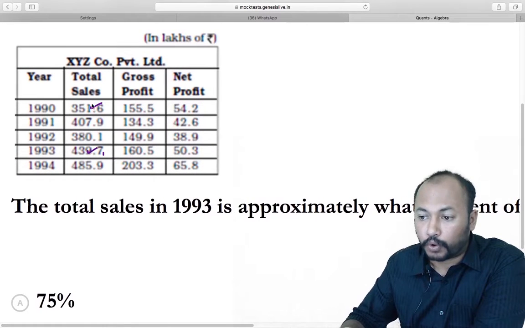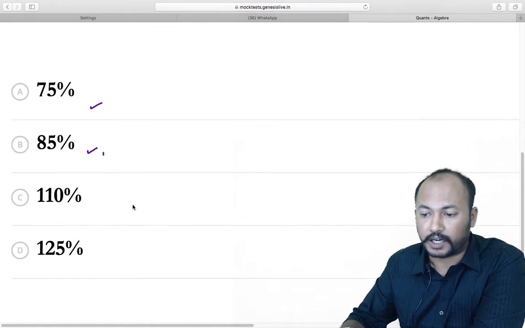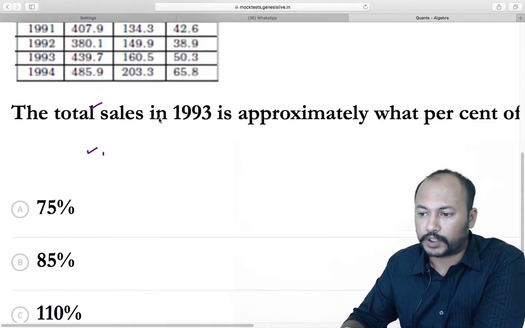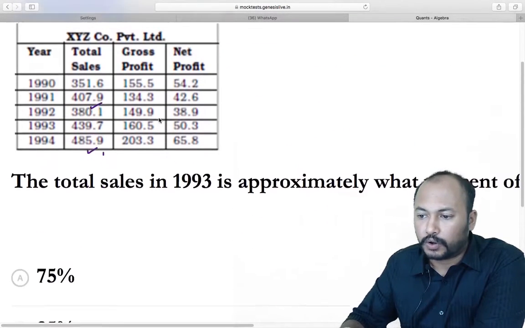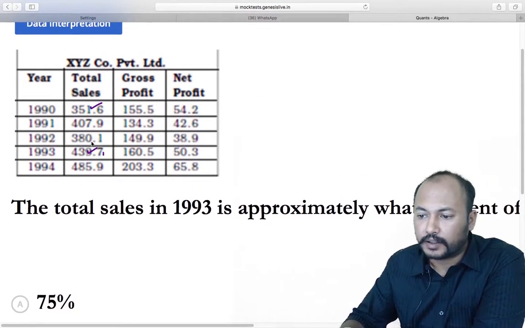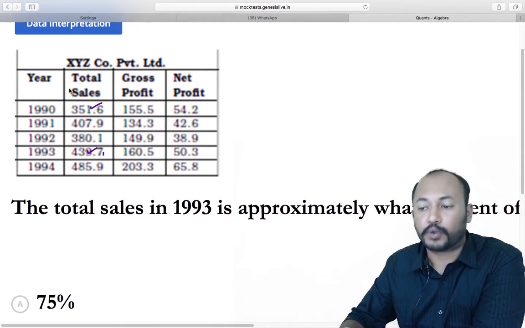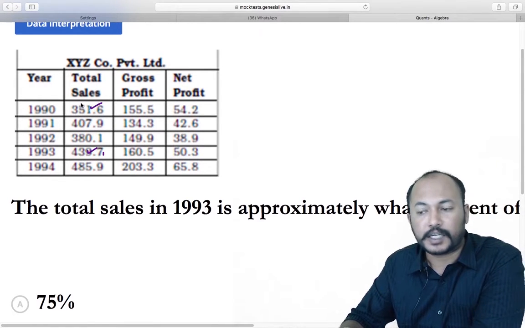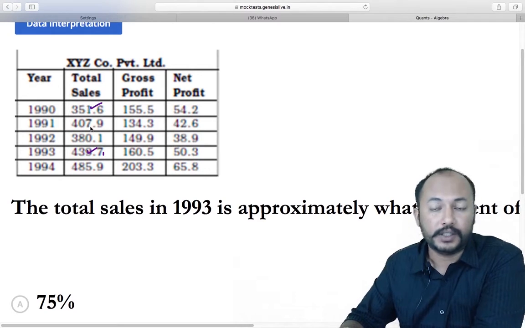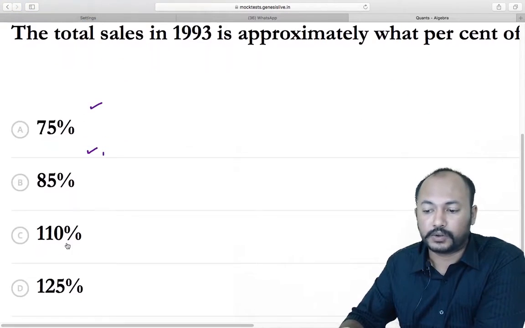This is more than this, so the answer has to be more than 100. So it's either 110 or 125. If it is 110, that means 439 is 10% more than 351. 351 plus 35 is not crossing 400, so it is definitely more than 110. So the answer is 125.